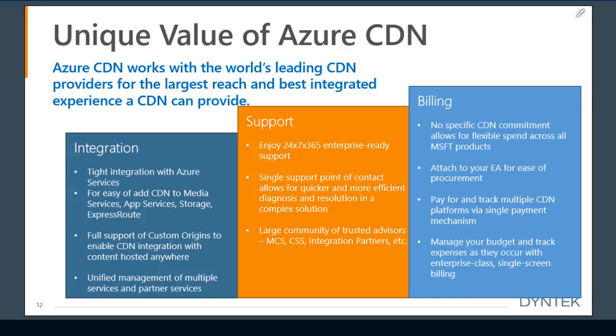So this gives you the ability to deliver media worldwide into a network that will get it to them quickly, rather than having them plow through internet infrastructure to get all the way back to your storage and production location. And as it says with billing, there's no specific CDN commitment. It's basically an on-demand, on-use format.